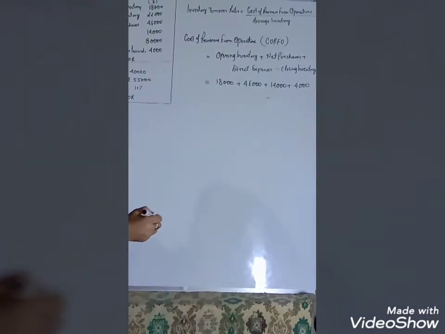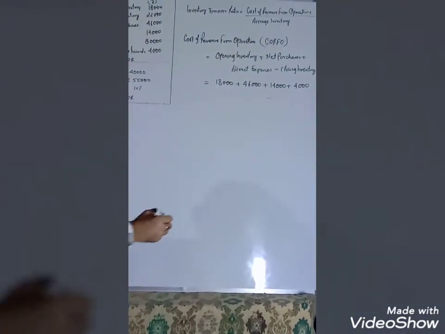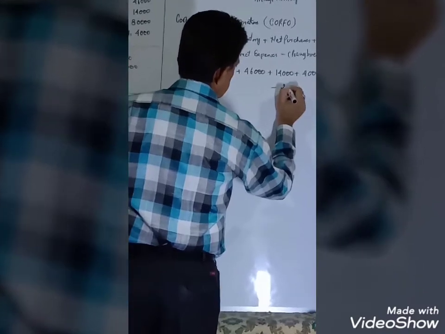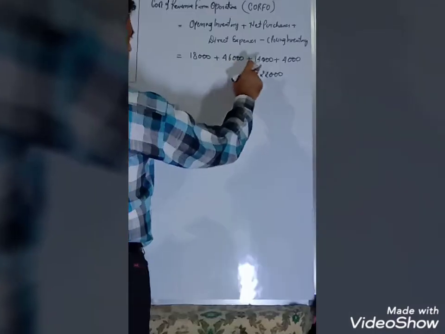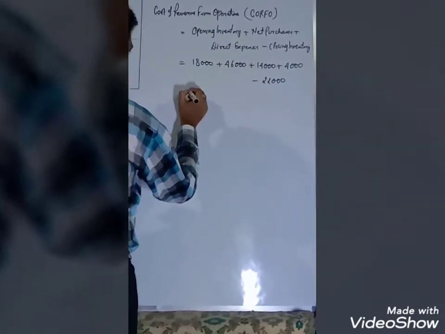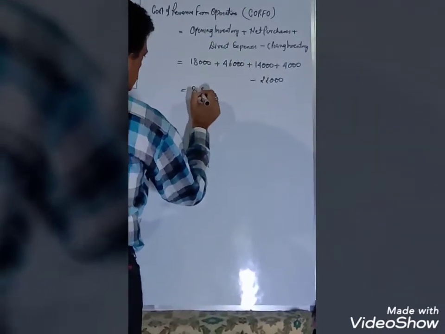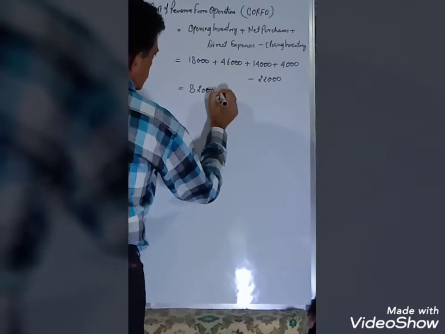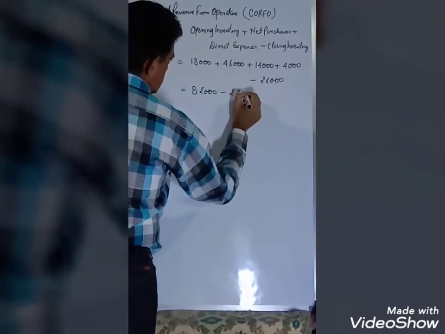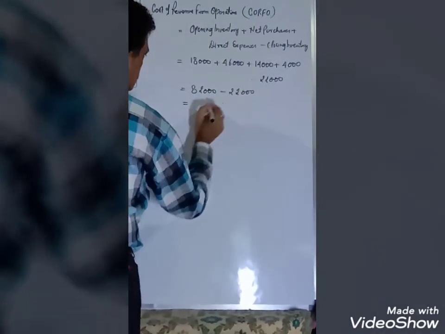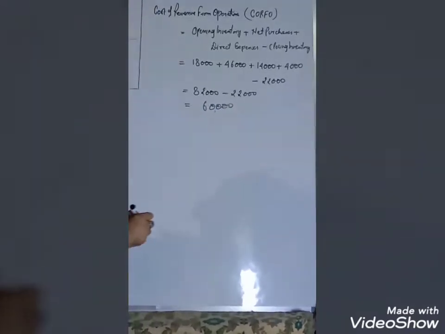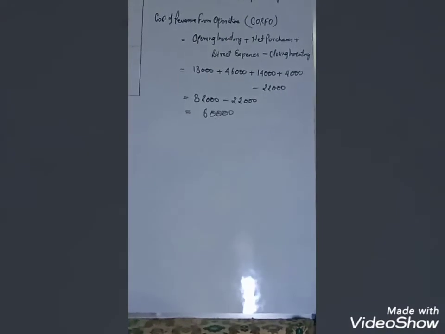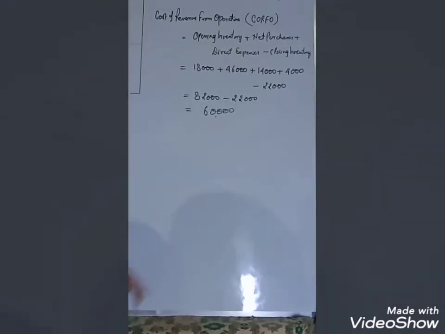Minus closing inventory. Closing inventory is 22,000. 46, 14, 50, 60, 78, 82,000. 82,000 minus 22,000. This will become 60,000. Now we got cost of revenue from operations rupees 60,000.